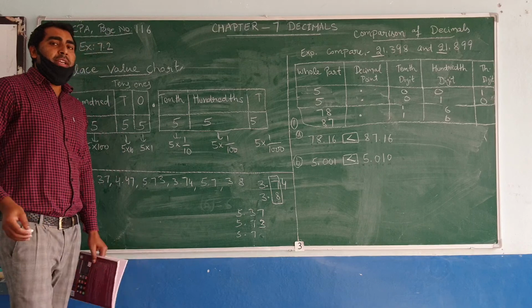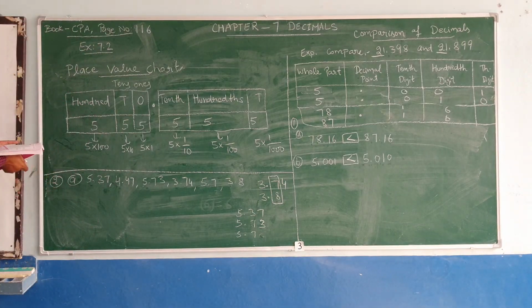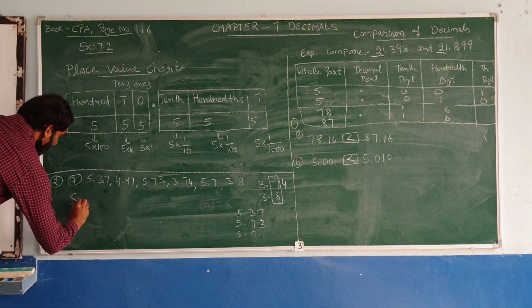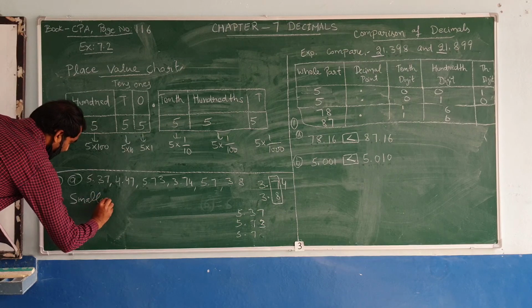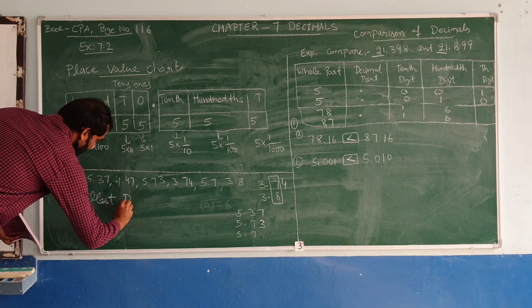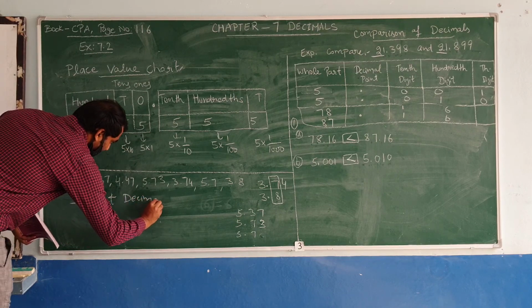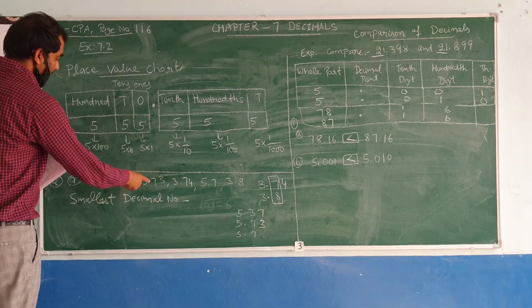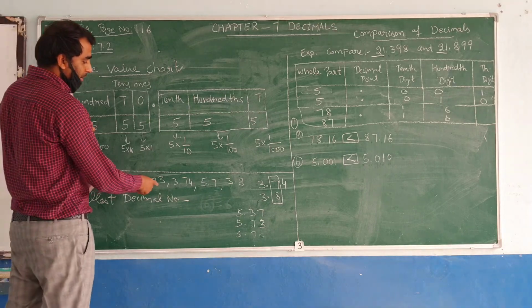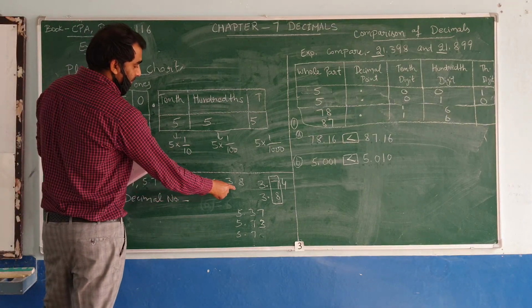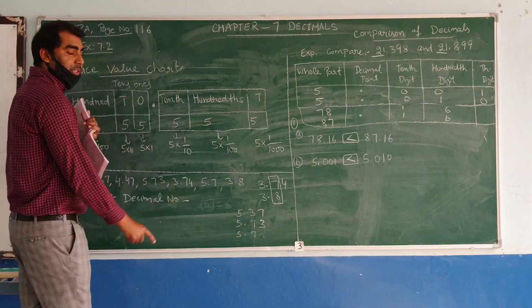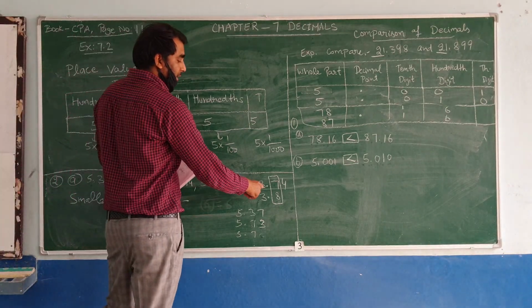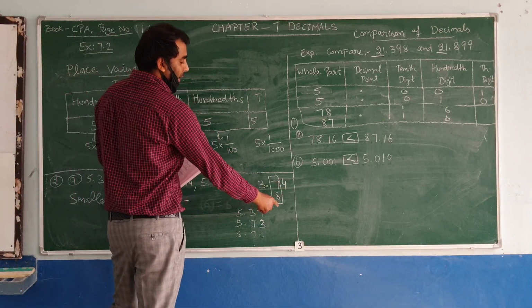It means if we need the smallest decimal number, we need only where the smallest whole number is 3. Here is 3.8, 3.74.